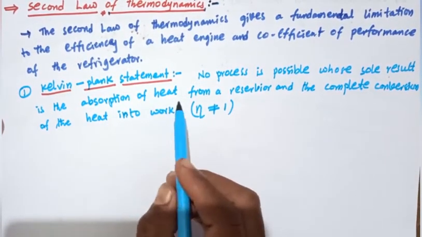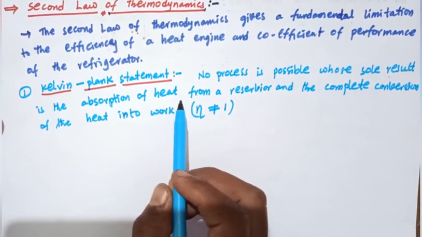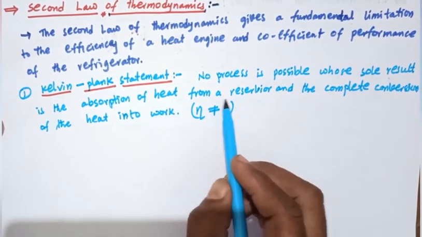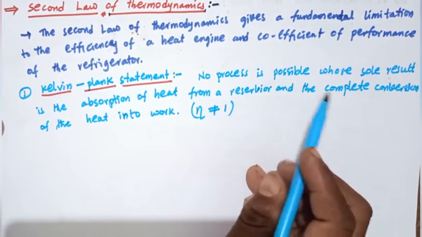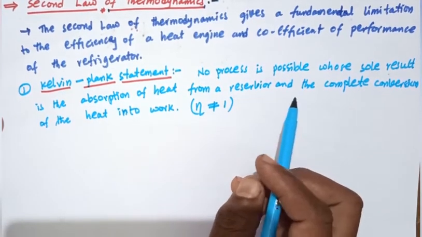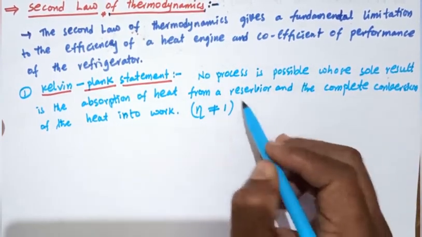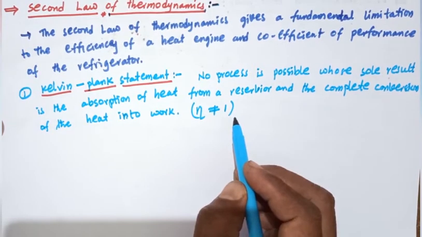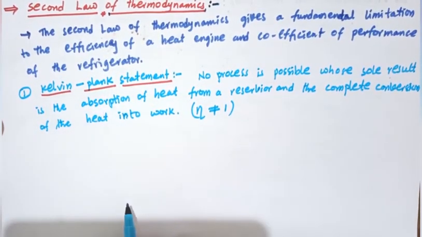In a heat engine, heat is absorbed from a reservoir, that is the source. Part of it increases the internal energy and does work, and the remaining heat is transferred to the sink or cold reservoir. So here it is explained that eta is not equal to 1. This is the Kelvin-Planck statement.